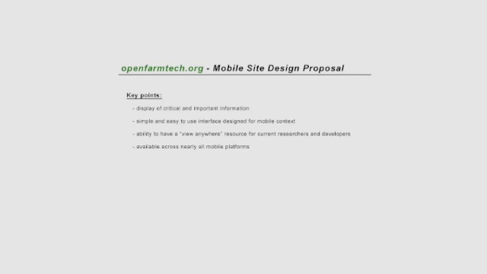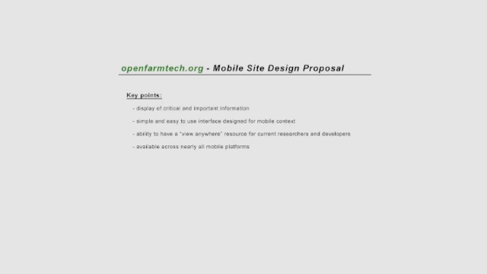To come up with a way to effectively convey that information mobily is quite a challenge. I tried to break it down into some steps here and some things to focus on, and that's these 4 key points that I have on display here.